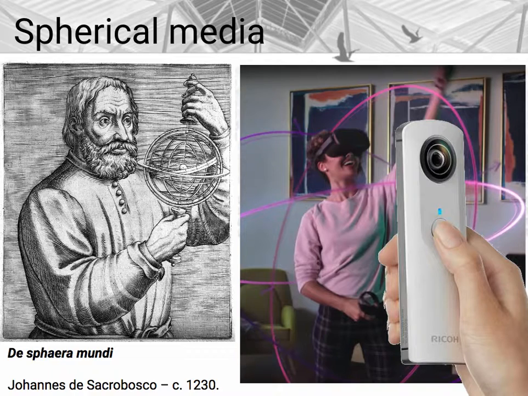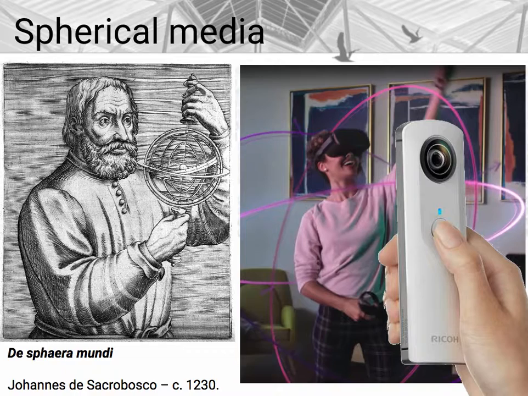So closely linked to religious views, there was a view of the Earth being inside the seven spheres, and here we can see a graphic of Sacrobosco with a model of the Earth with the seven spheres.